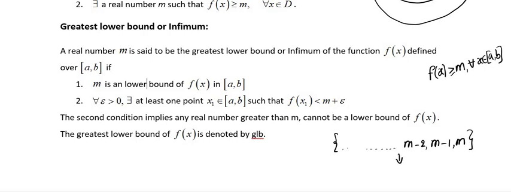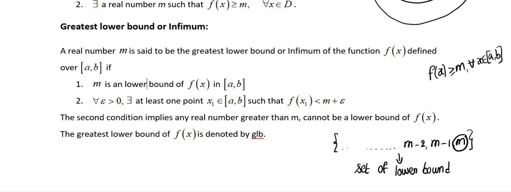So this is the set of lower bounds. From this set we can easily find out the greatest lower bound, that is m. M is called greatest lower bound.